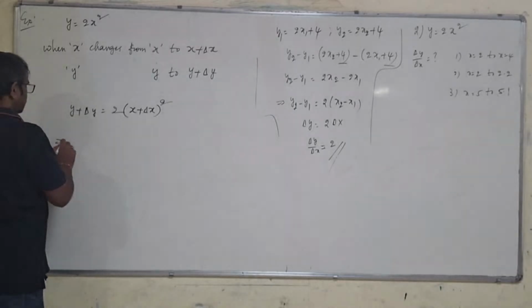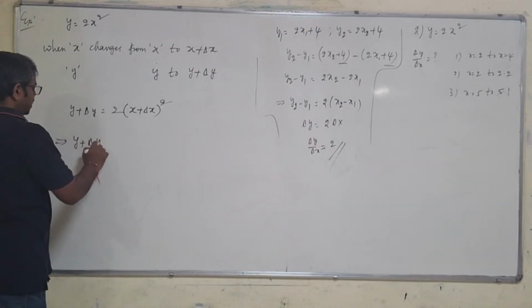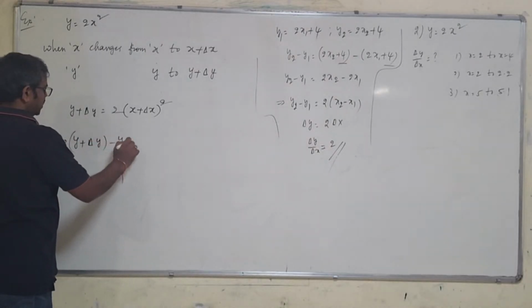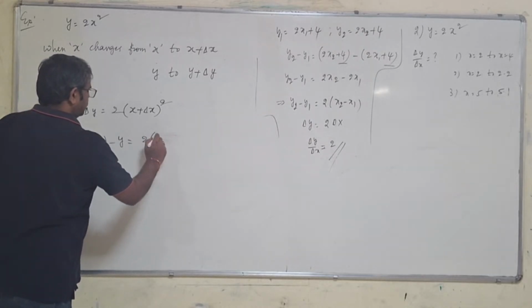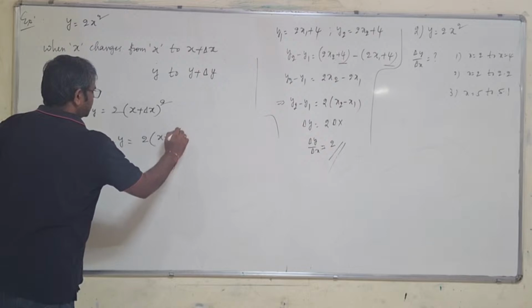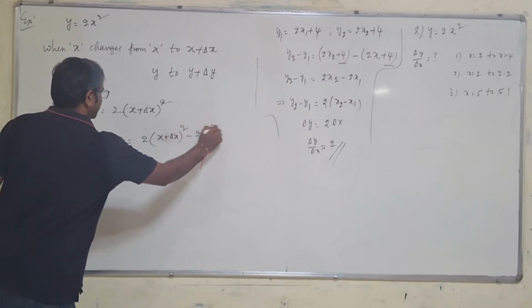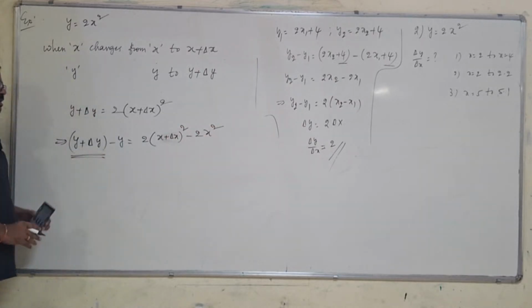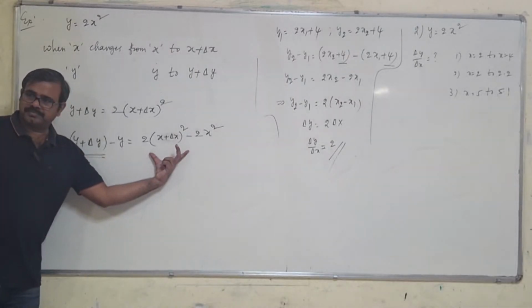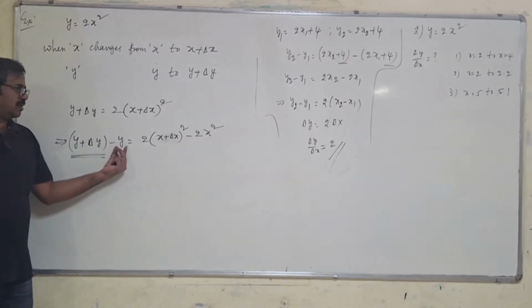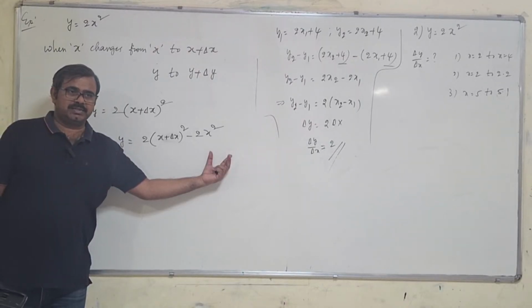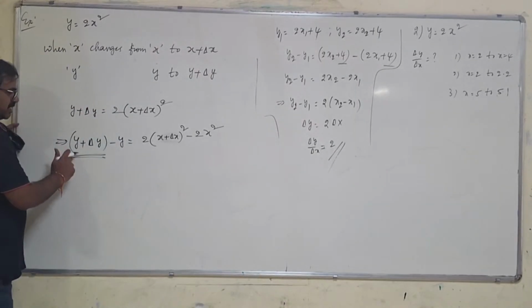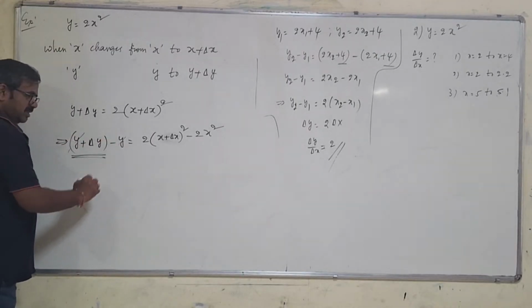So now y plus delta y minus y is equal to 2 into x plus delta x whole square minus 2x square. What is y plus delta y? This. What is y? 2x square. Do you understand this?